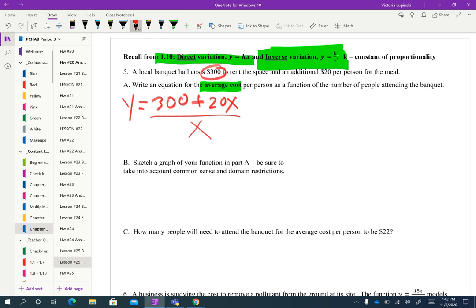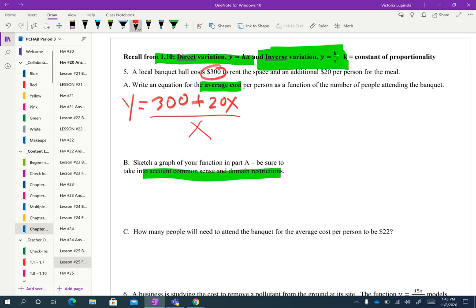So then it asks you to sketch a graph, and you have to take into account common sense and domain restrictions. So here's the thing. If you were hosting a banquet and you were inviting people to your banquet, what kinds of values would not make sense for your domain, which is the number of people that are coming? Well, hopefully you would agree that you can't have half a person or 3/4 of a person.